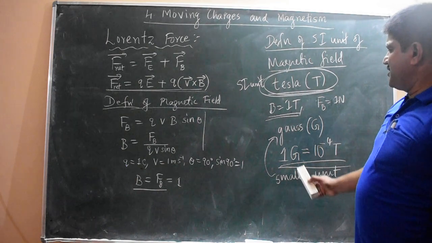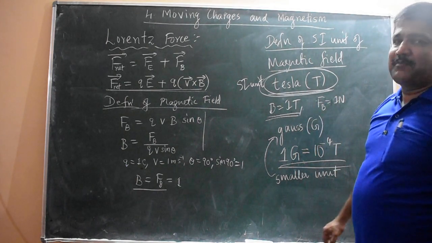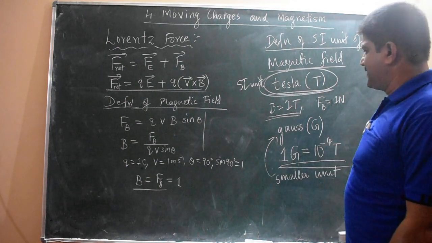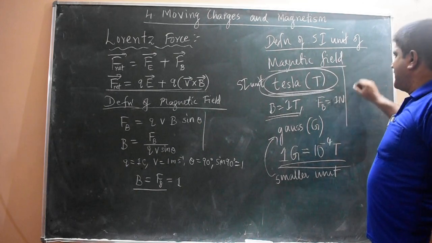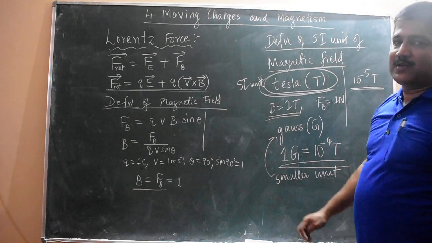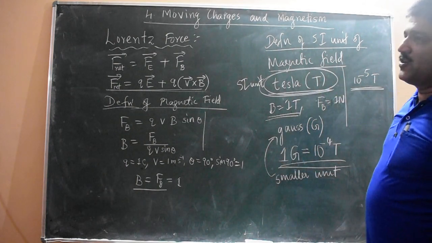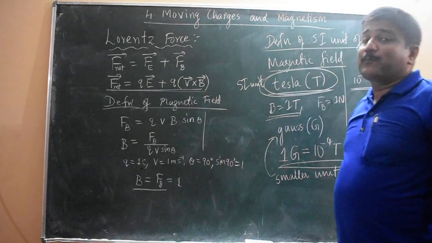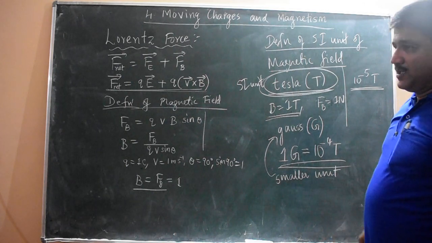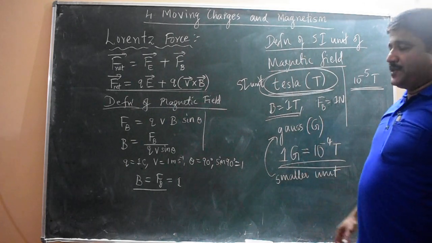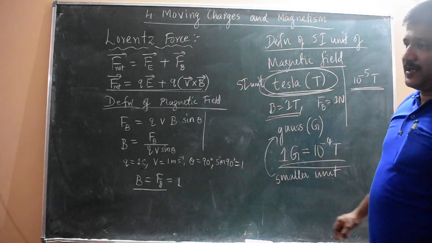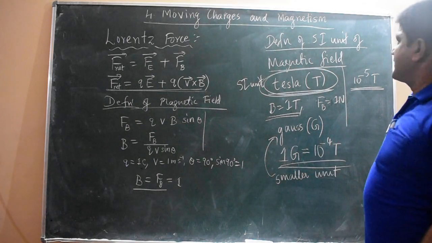Most of the time we use magnetic field in Tesla, milli Tesla, or smaller, such as 10 power minus 5 Tesla. The order of Earth's magnetic field is about 10 power minus 5 Tesla. It is a very small magnetic field, but it is spread out everywhere. The value varies from place to place; it is not the same on the equator and on the poles. There are 3 elements regarding Earth's magnetic field, which we will discuss in the next class.